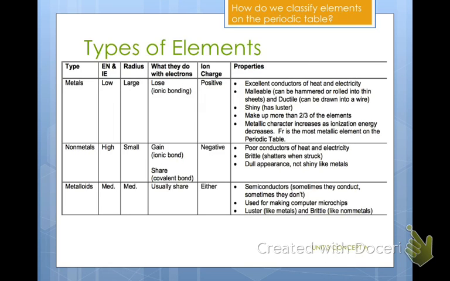So if we look at some of the properties of metals, you're probably very familiar with them. They're excellent conductors, and we say that they're malleable, meaning we can hammer them into a sheet like aluminum foil. And we know that they're shiny. And if we look at nonmetals, they're bad conductors. In fact, if you think about what the opposite of a conductor is, it's an insulator. So rather than letting heat pass through, you actually keep it inside.